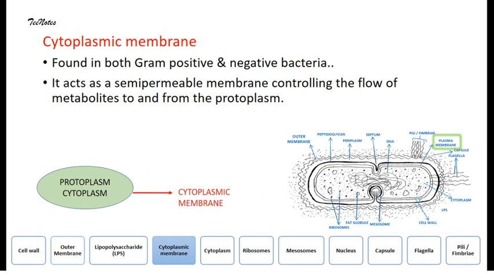It acts as a semipermeable membrane, controlling the flow of metabolites to and from the protoplasm. Protoplasm is called the living substance of the cell, and it surrounds the cell membrane, the nucleus, and the cytoplasm. Cytoplasm is one of the constituents of the protoplasm. It is a jelly-like fluid and contains water, metabolites, waste, proteins, and food reserves.